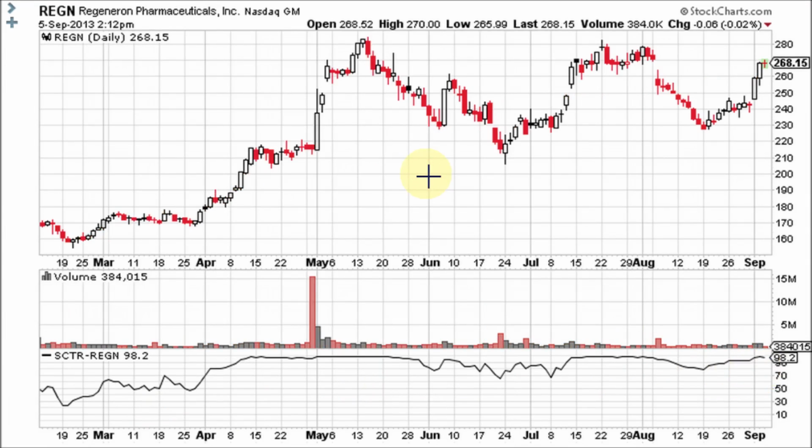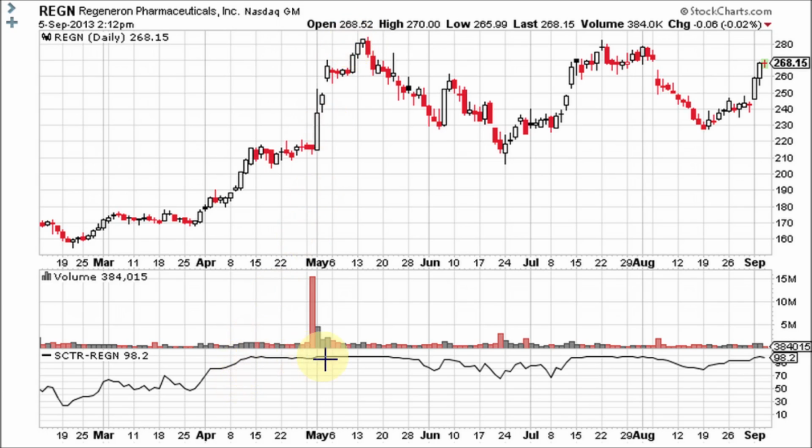Now let's take a look at REGN, which is number 9 on the S&P 500 SCTR list. Way back in the beginning here on this 6-month chart, it was only in the 30s, mid 30s or so, but it kept breaking out into blue sky territory above all levels of resistance 4 different times as it ran from about $160 all the way up to $280.